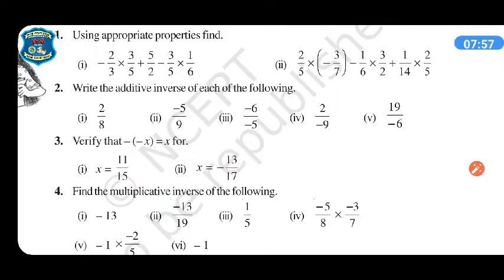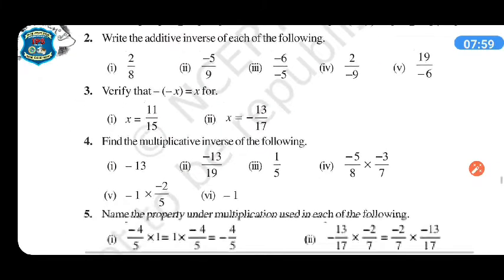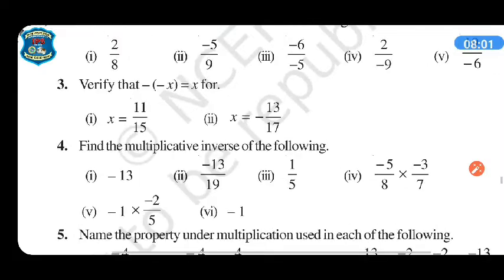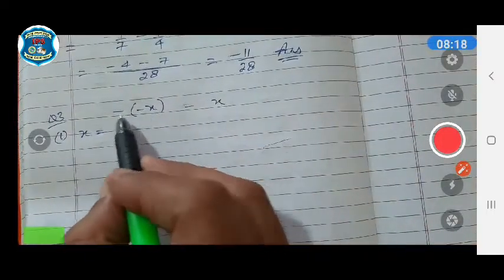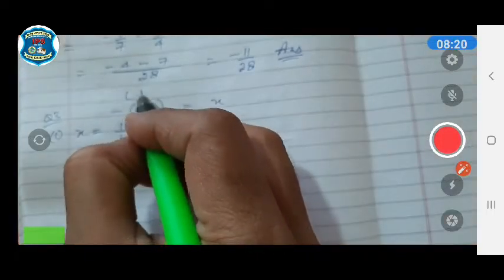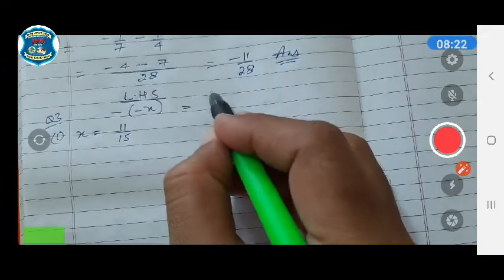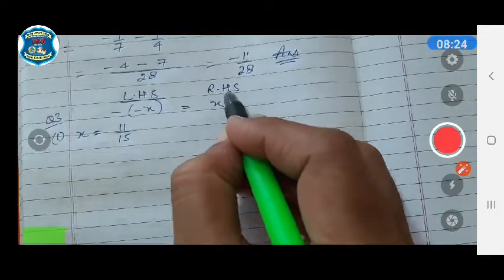Let us see question number 3. Verify. We have to verify that minus into minus x equal to x for x equal to 11 upon 15. Let us take the first part. See, this is the left hand side and this is the right hand side.